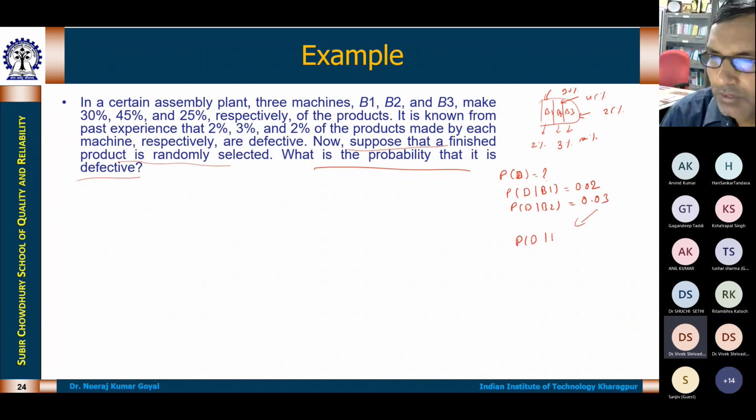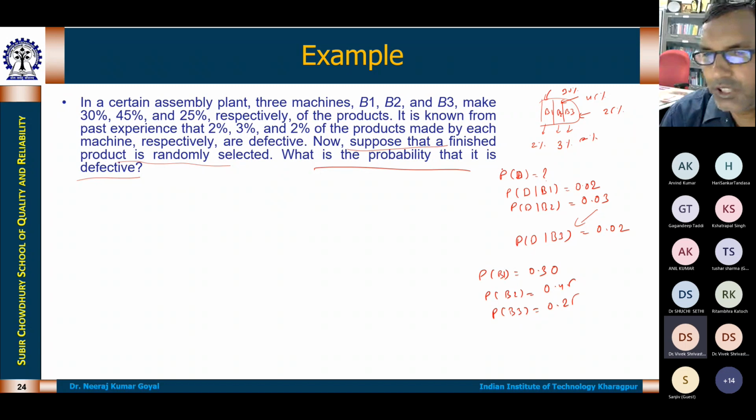The probability of defective when it is coming from machine 3 is 0.02. And the probability that the item is coming from machine 1 is 0.3, from machine 2 is 0.45, and from machine 3 is 0.25.